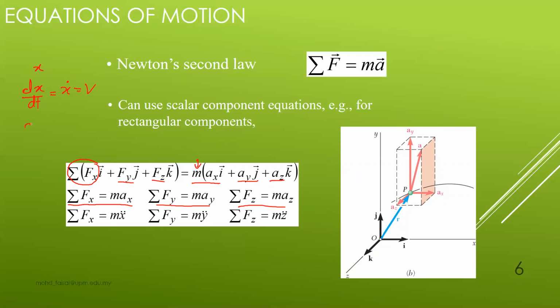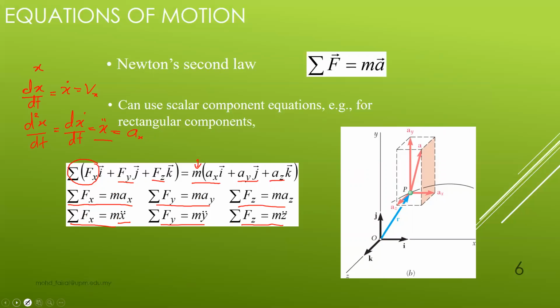Then we also have d over dt of x dot, which is equal to x double dot, or equal also to a, this is vx, ax. So this one here is this, in the x direction. Like so, you can do the same for y and z.